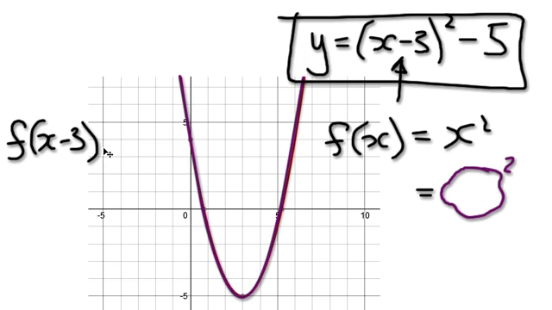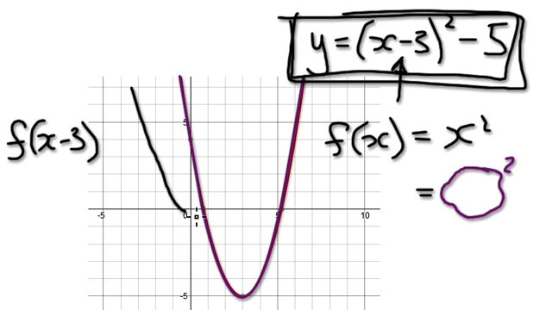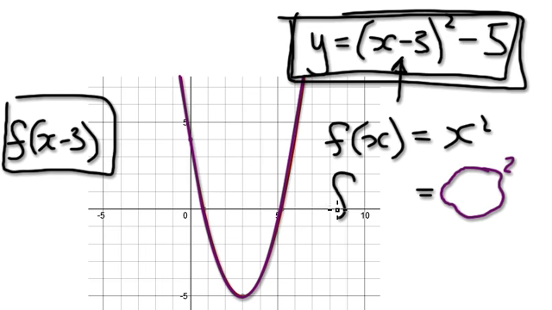So if you're asked to sketch this, visualize it as well. Start off with your y equals x squared, and then translate it across by 3. So in effect you're doing this now. At the moment you've got f of x equals x squared.